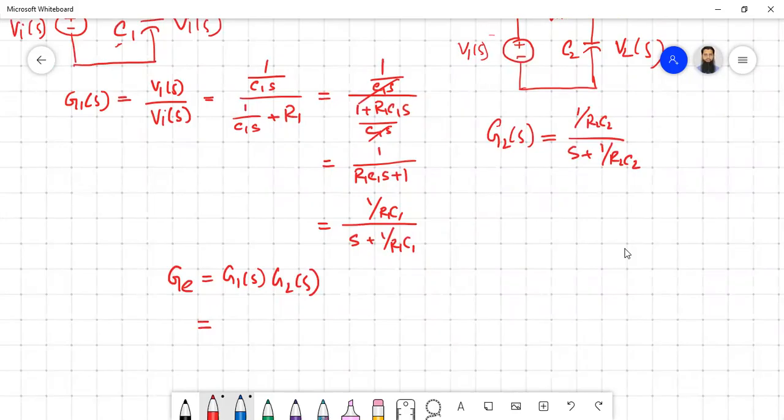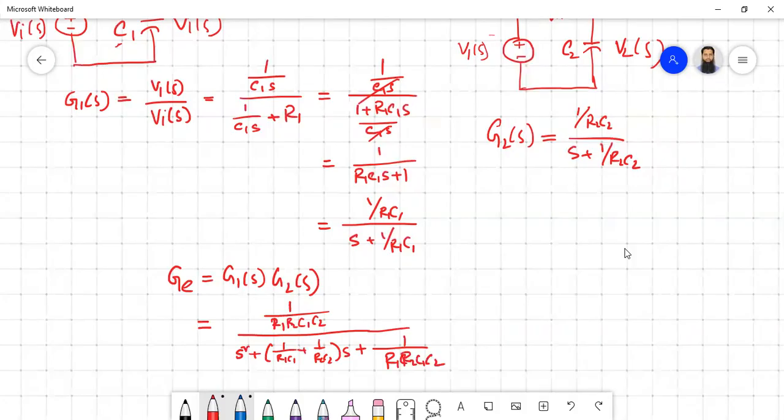If you multiply those two, what we are going to get is 1/(R1 R2 C1 C2) divided by s squared plus (1/(R1 C1) plus 1/(R2 C2)) s plus 1/(R1 R2 C1 C2).